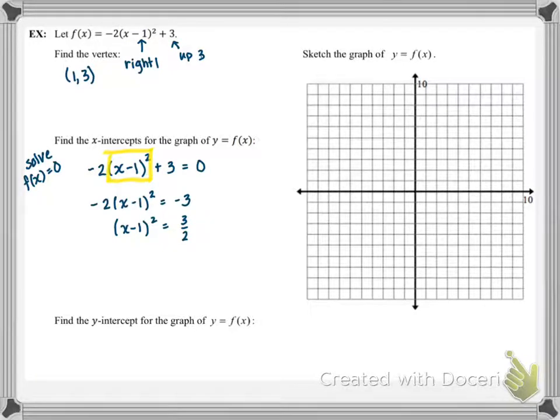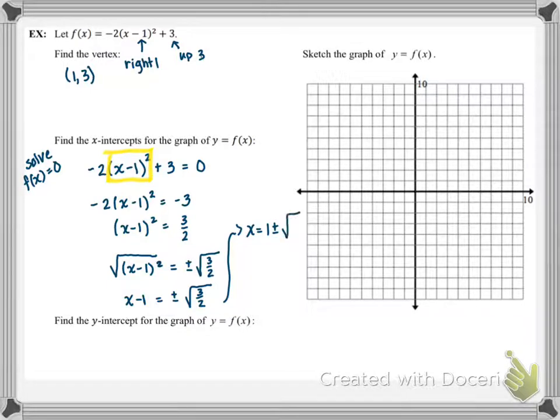And then take the square root of both sides. Remember, every positive number has 2 square roots. So we get x minus 1 equals plus or minus the square root of 3/2. So x equals 1 plus or minus the square root of 3/2.